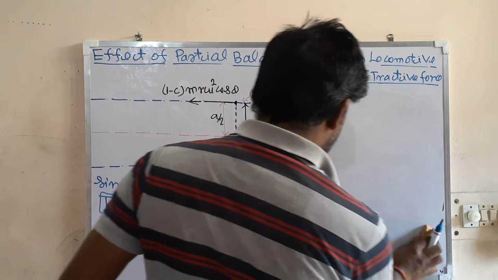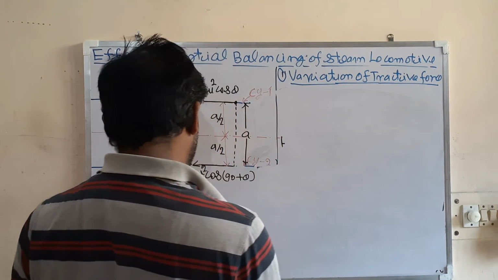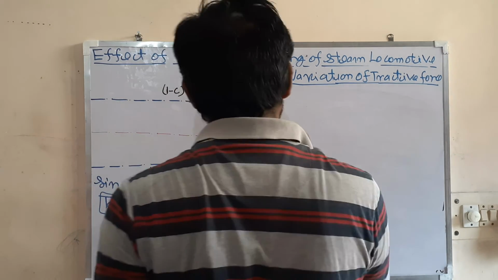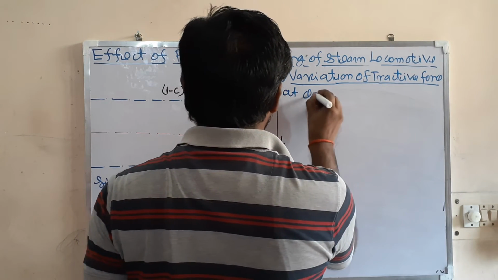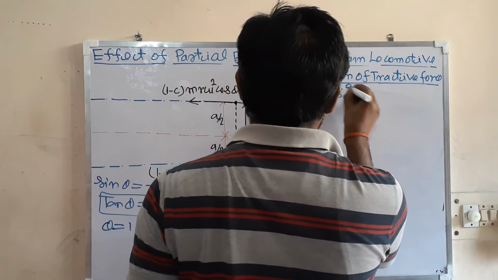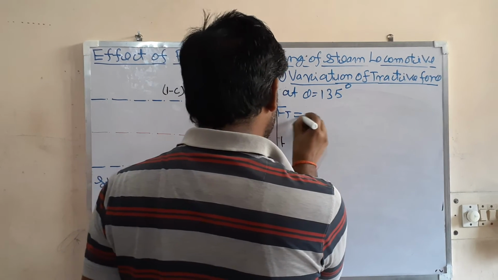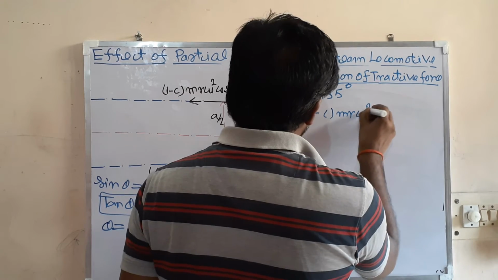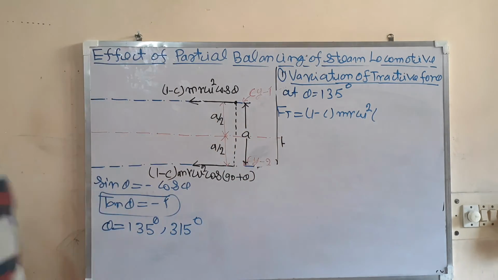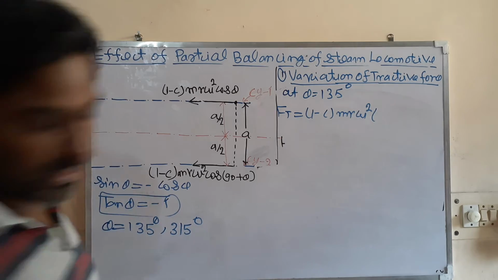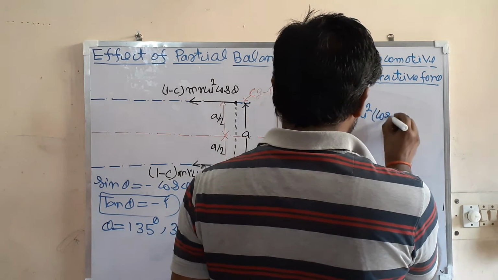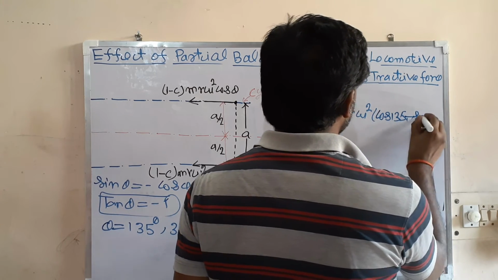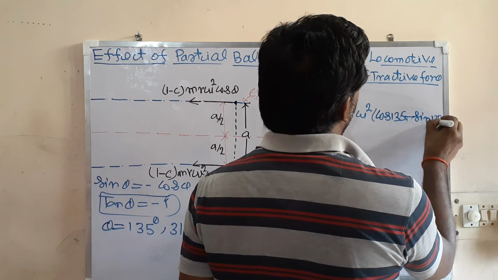Find its value just by putting the value of theta in the general expression. So at theta equal to 135 degrees, Ft is equal to (1 − c) m r omega square, and this was cos theta minus sin theta, so cos 135 minus sin 135.